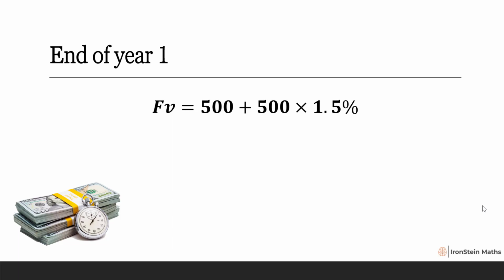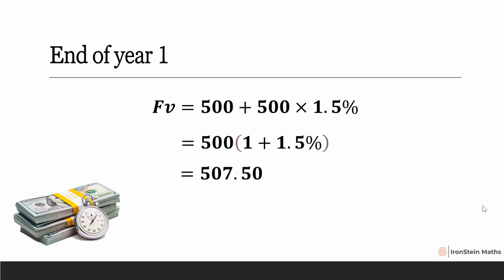Now you'll see $500 is common to both terms, so we can factorize that out. So we have 500 multiplied by 1 plus 1.5%, which is equal to $507.50. I now want to calculate the amount at the end of the second year.